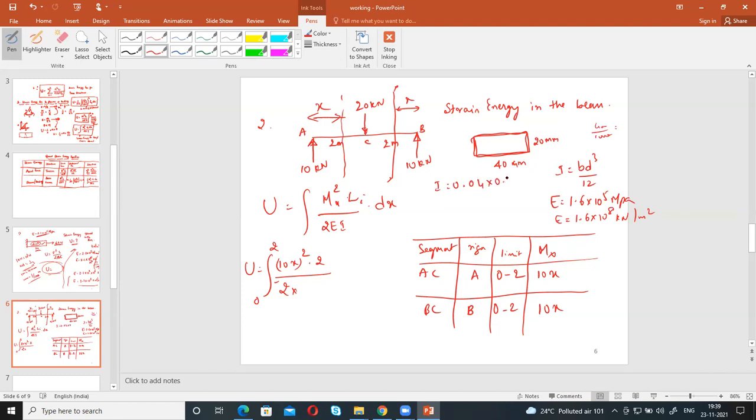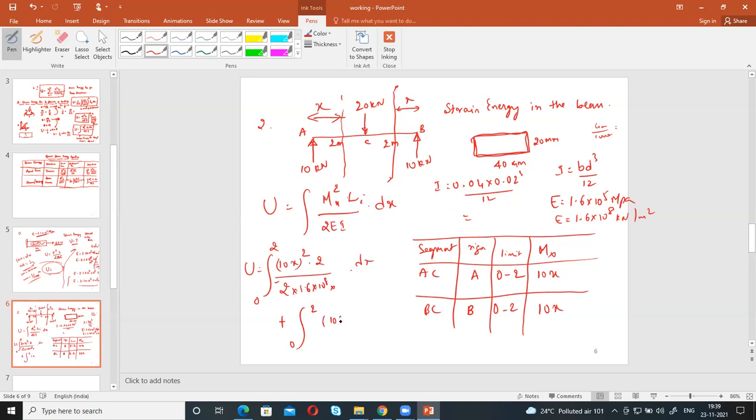D cube, 0.02 cube by 12. Directly you are getting in meter cube. Substitute. How much are you getting I? Substitute the I value into dx plus integral of 0 to 2.